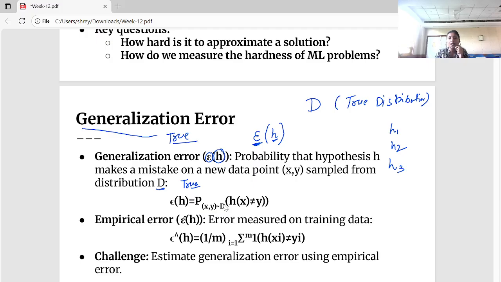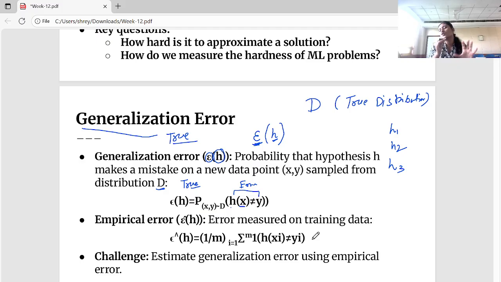It is defined as h(x) not equal to y, which is called the error. This (x, y) is coming from distribution D. It means it is coming from the actual real data around the world, right? So this is your generalization error, which is to be minimized.